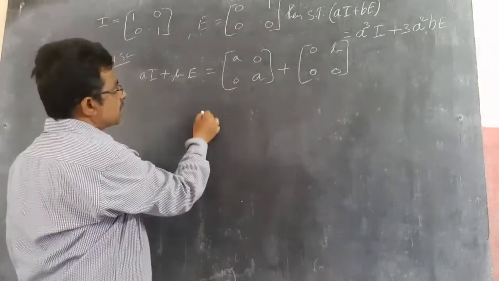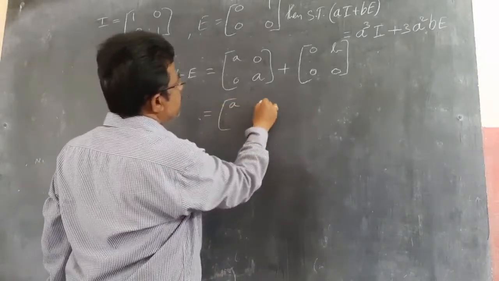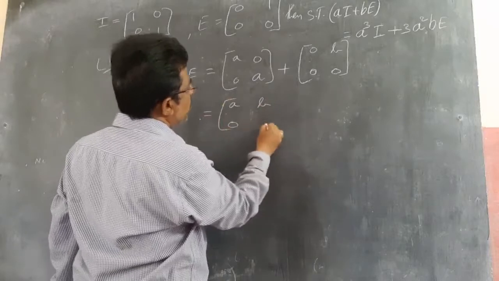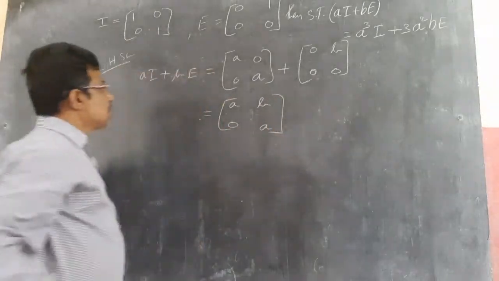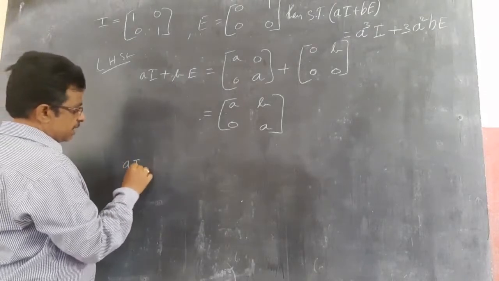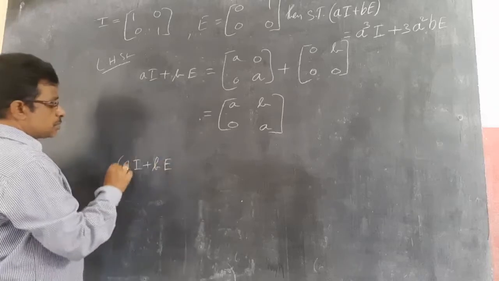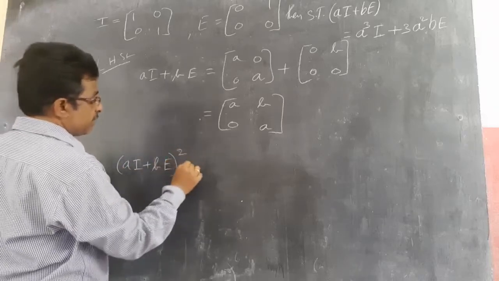By adding together, we get [a, b; 0, a]. Now I want (aI + bE) whole cube. Before finding the cube, I will find the square first.